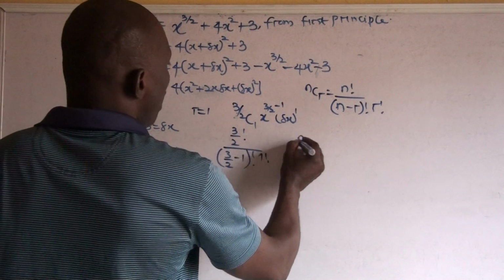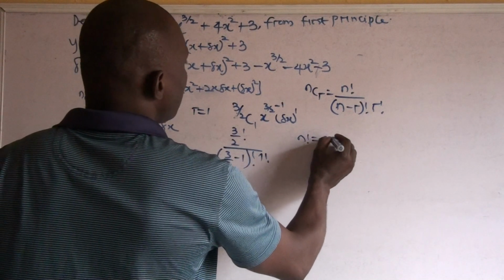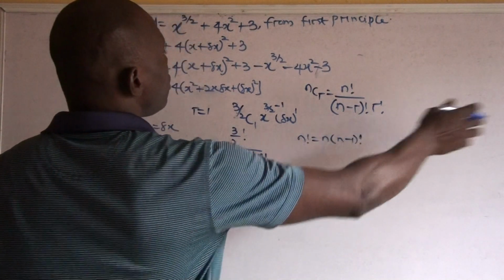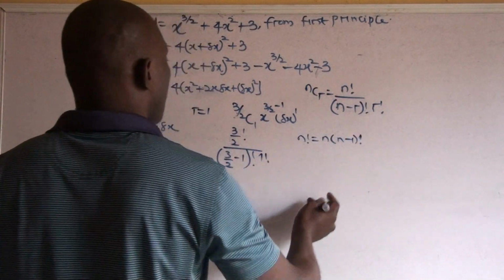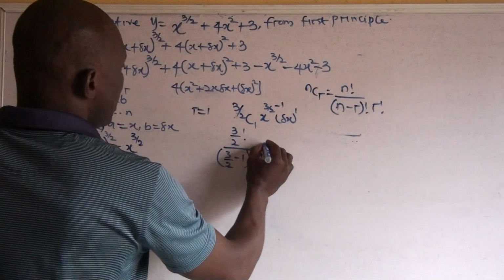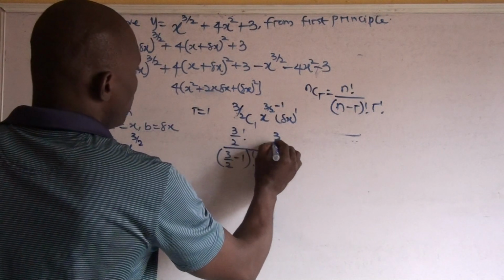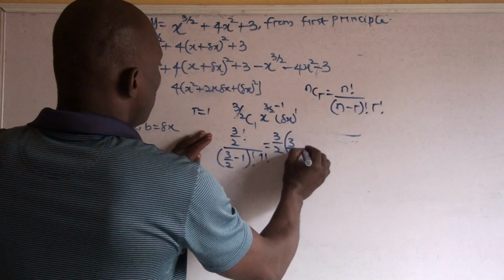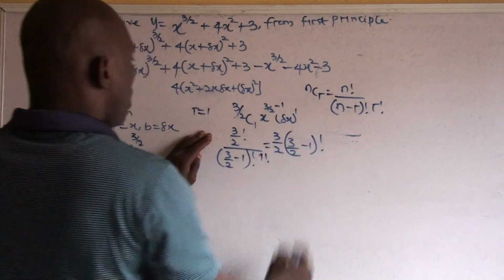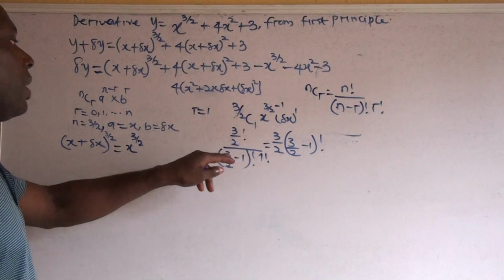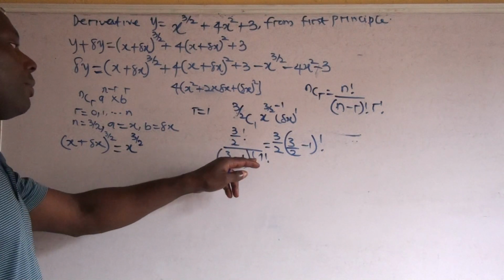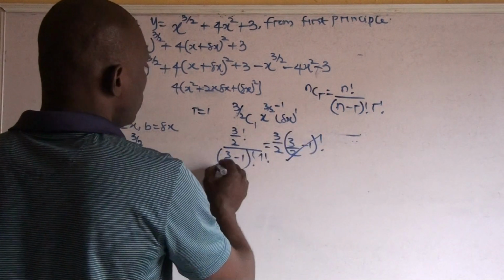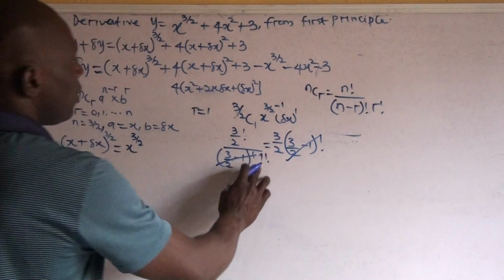But we also know that from our factorial, n factorial simply means n times n minus 1 factorial. It will continue like that till we get to n factorial. So we apply that here, and this will become 3 over 2 from the numerator, open bracket, 3 over 2 minus 1 factorial. We are putting factorial here because we have a 3 over 2 minus 1 open bracket and close bracket factorial at the denominator, so that this and this will cancel off and we will be left with 3 over 2.